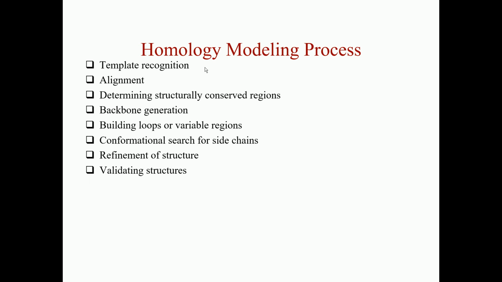It's going to compare with all the other proteins and find the template, and then it is going to align your unknown protein with the template, and then determine which parts of the protein are conserved and which parts are variable regions. It is also going to look for side chains, and then the refinement of the structure. Once the alignment is done, the conserved and variable regions are found, and side chains are found, the structure will be refined and validated.